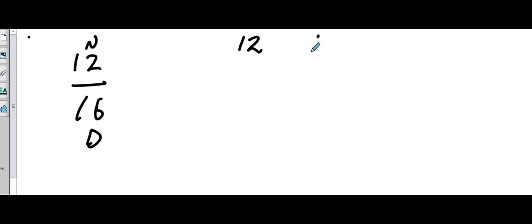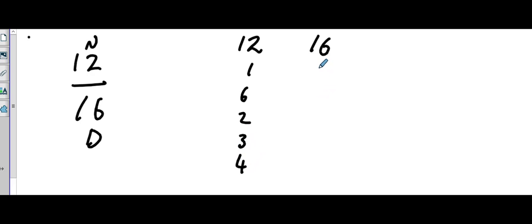I'm going to use the example of 12/16. I look at my numerator and my denominator, and I need to find the highest common factor of both. So I listed the factors of 12: 12 and 1, 6 and 2, 3 and 4.